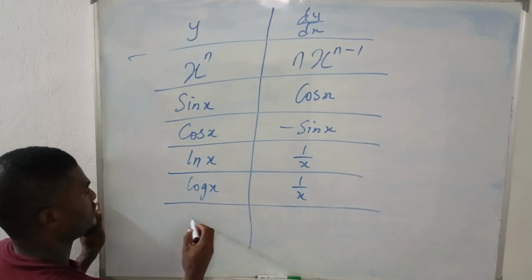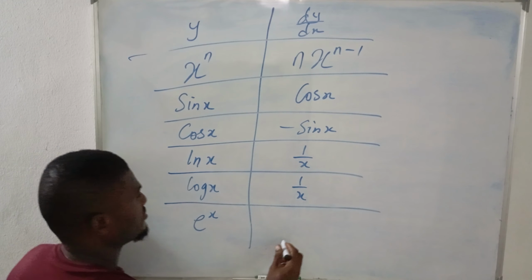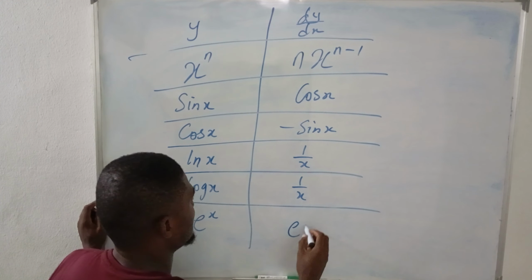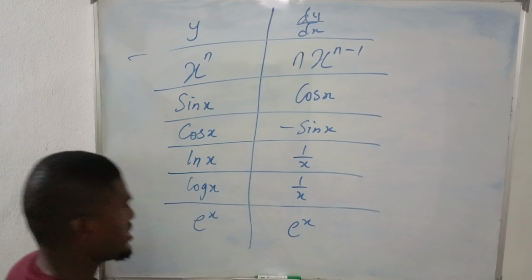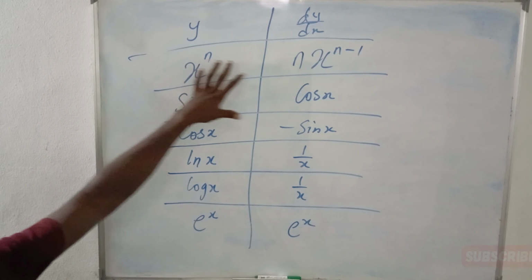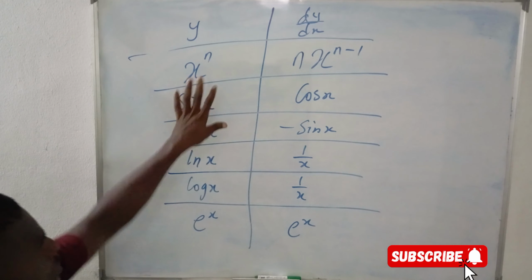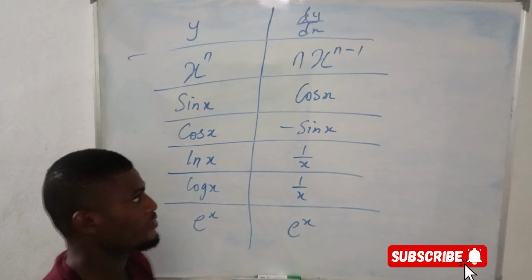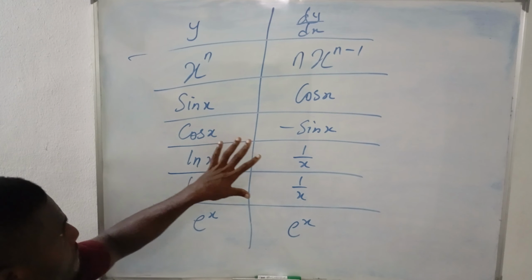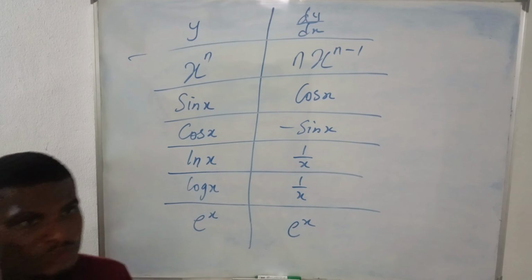If your y is equal to e raised to the power of x, your dy/dx remains as e raised to the power of x. So I want you to take note of this simple form of differentiation. Take note of them, and we'll talk about it later.